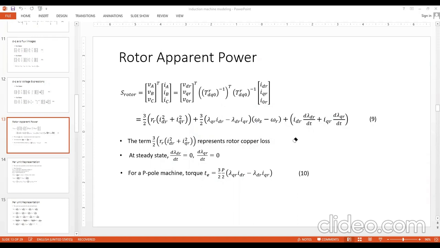So as long as omega s is greater than omega r, this is positive. That means the power would be taken from the supply. As soon as omega r becomes greater than omega s, that would go into the generator mode of operation, and this term would be negative. So you will get some electromagnetic power output, or electrical power output, from your device, making it run as an induction generator.